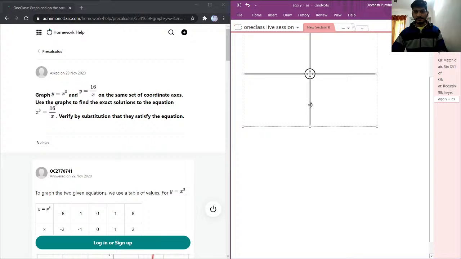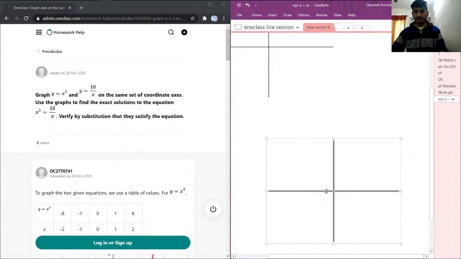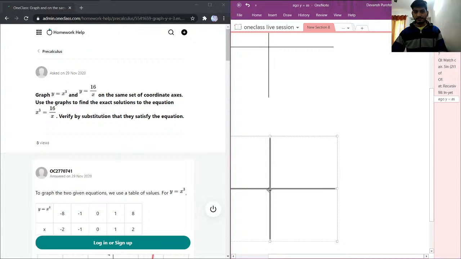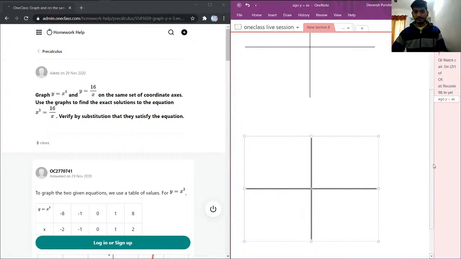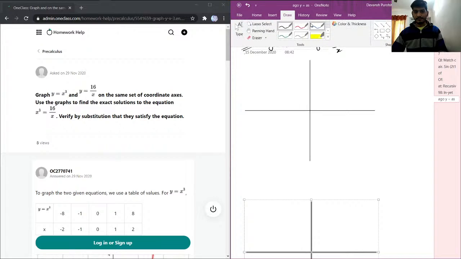We'll copy this and paste it. So this is going to be for y equal to x cube, and this is going to be for y equal to 16 over x. The red pen.